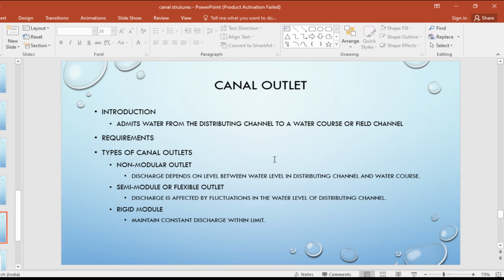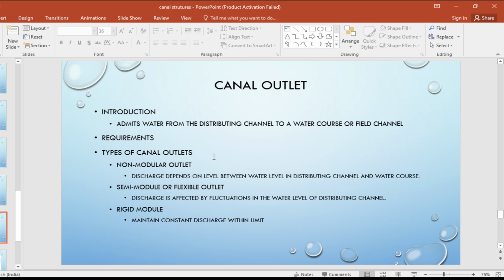An outlet is thus a sort of head regulator for the field channel, delivering water to the irrigation field. It acts as a regulator. The responsibility of maintenance of the distributing channel and the whole canal network lies with the government, while that of the field channel lies with the farmer, because it is related to a particular farmer only.